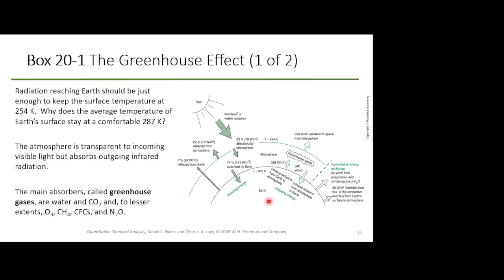Okay. And so your incoming energy that comes into the Earth is going to be about 160 watts per meter squared of energy. And this is going to be absorbed by the Earth. This is what's warming and heating the Earth. Most of that energy doesn't actually get refracted back off, but some of it does. Okay?